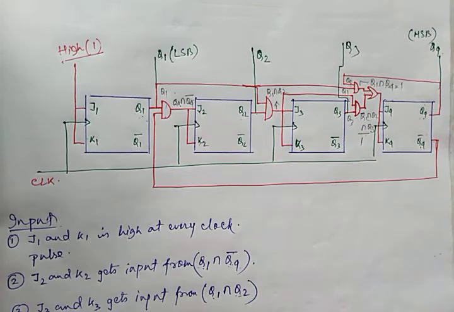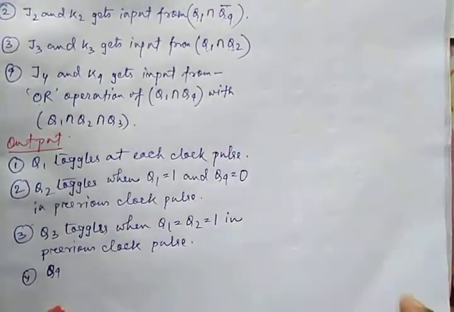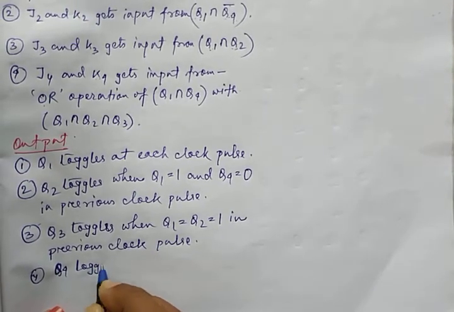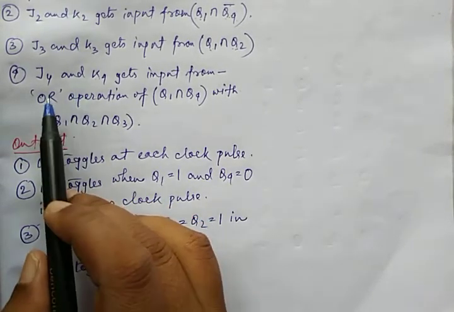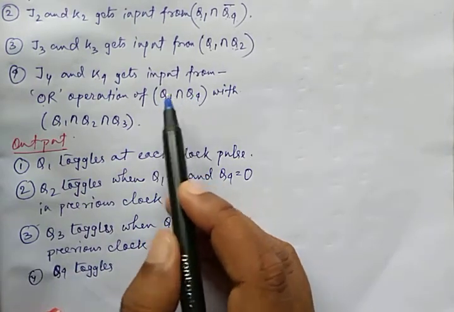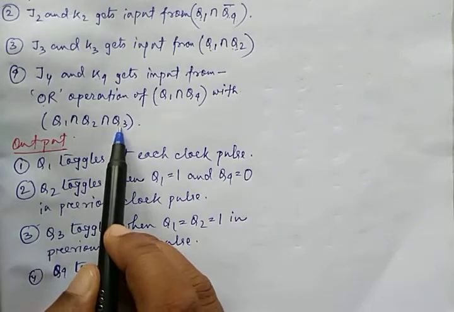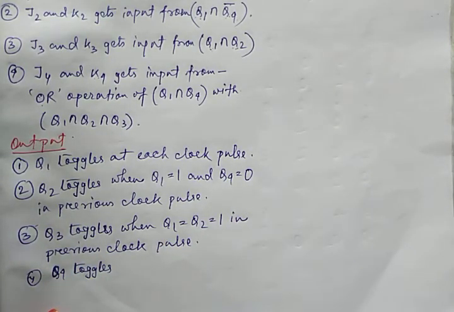So for Q4 toggling, OR means either both of these are 1, Q1 and Q4, or Q1, Q2, Q3 are 1.